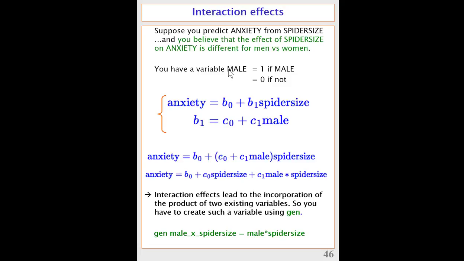Now, if that is what we have, so that B1 itself can be predicted by the variable male, and we simply substitute one in the other, we get this, and that. So here you see that substituting that B1 over there, the male variable reads the spider size variable over there, so we get male times spider size, a product of two variables in my data, as an extra predictor in the data itself.